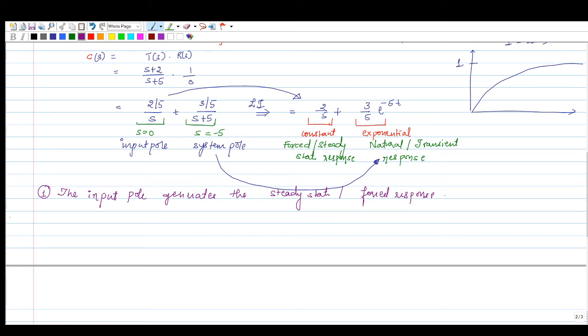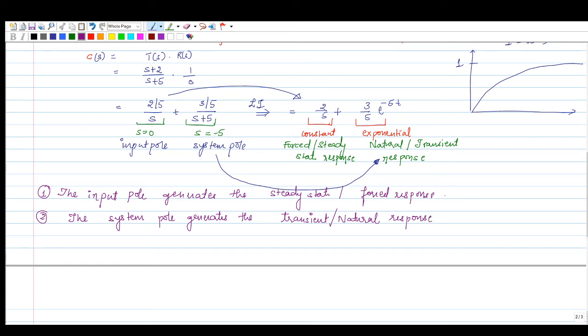And the second inference is that the system pole generates the transient or natural response.